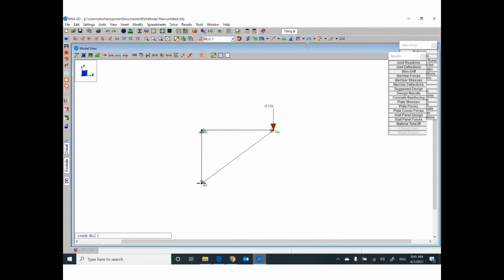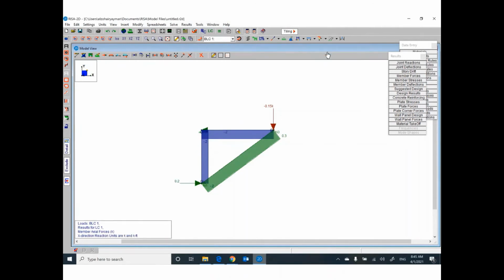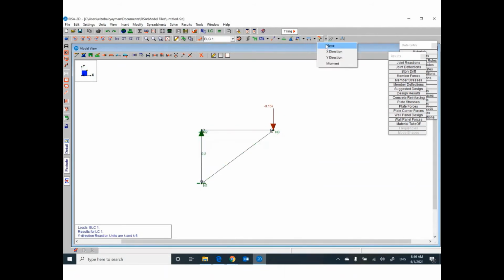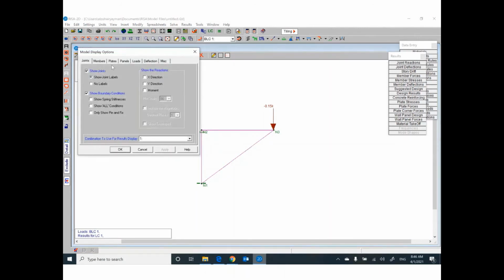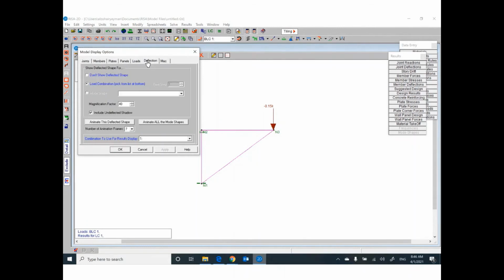Okay, we learned before that we can show the axial force. I can show the X reaction, Y reaction. All of this looks good, but this is not our topic right now. Our topic is the deformed shape. Looks like the deformed shape is very, very small.